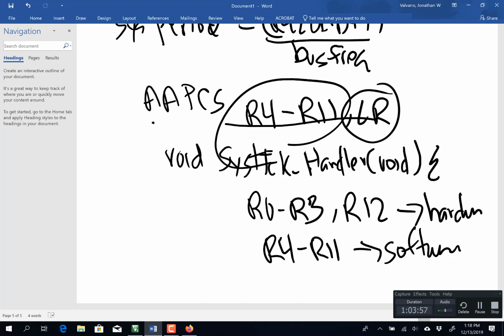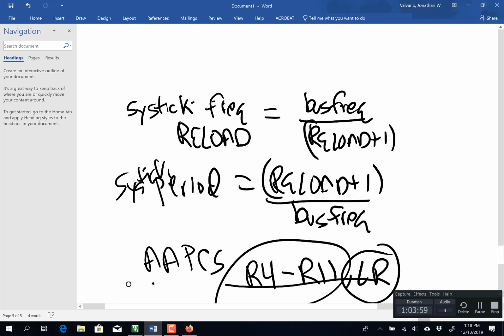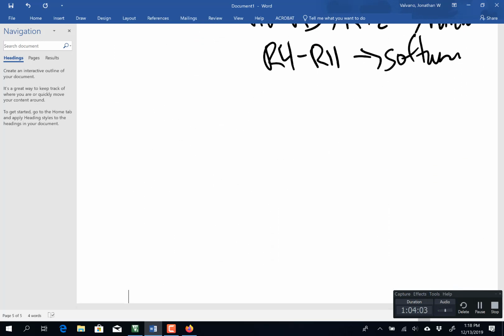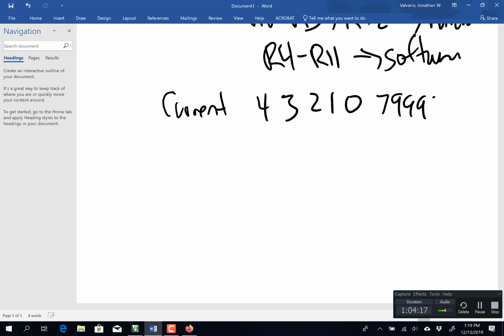Yeah, sure. Let's do SysTick. The current goes 4, 3, 2, 1, 0, and then it goes back to whatever it is before, 79,999, 79,998. That's SysTick rolling along.